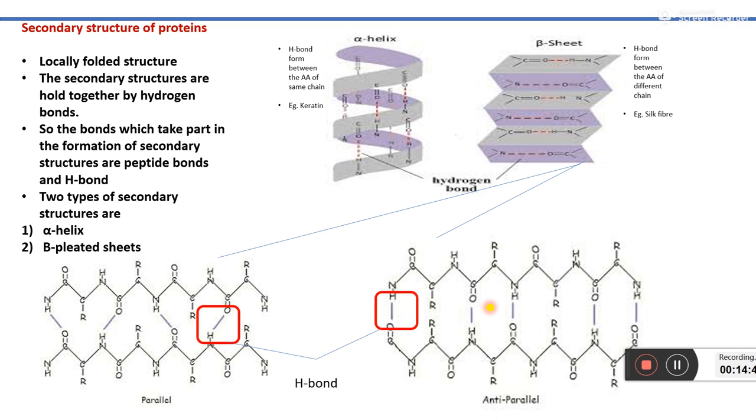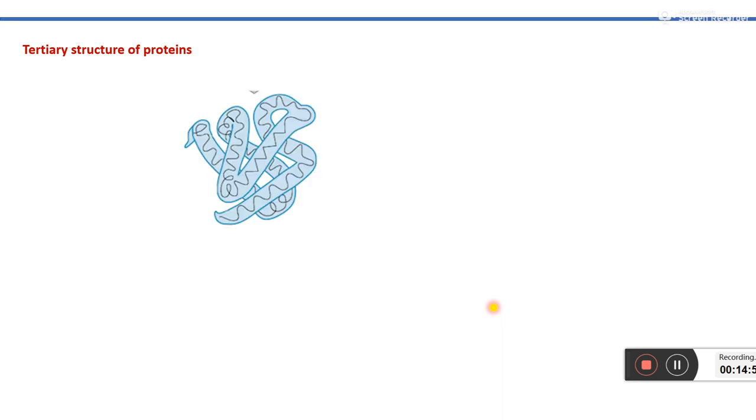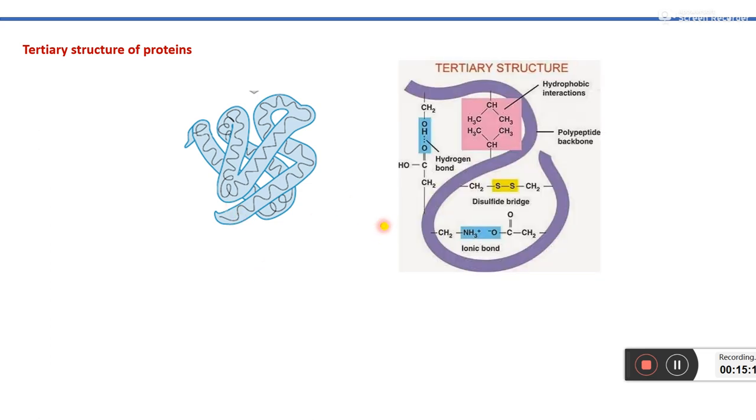Now I would like to discuss the tertiary structure of protein. So this structure of protein is the final and stable three-dimensional shape of protein in order to function properly. For tertiary structure of protein, important bonds involved are peptide bond, hydrogen bond, ionic bond, hydrophobic interaction, and disulfide bond.